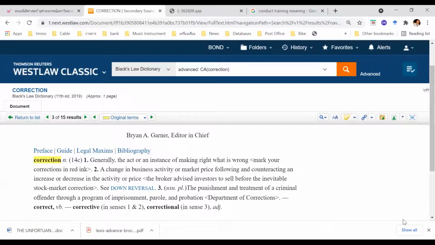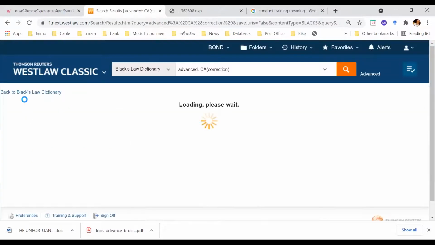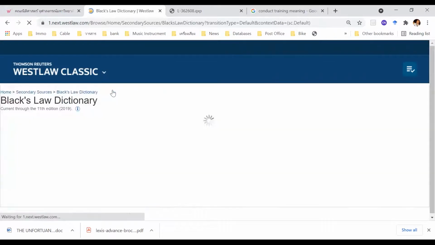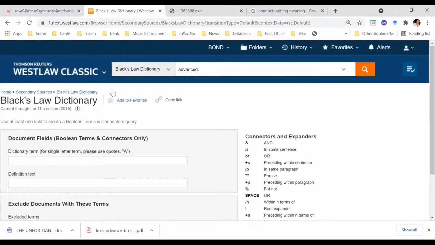This changes from the legal term to the general term, defining the meaning. And another one, back again, start searching Black's Law again. You remember that? How can I know that? Rape, in legal terms, is sexual abuse.